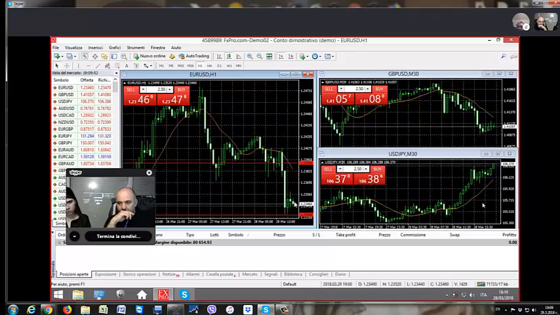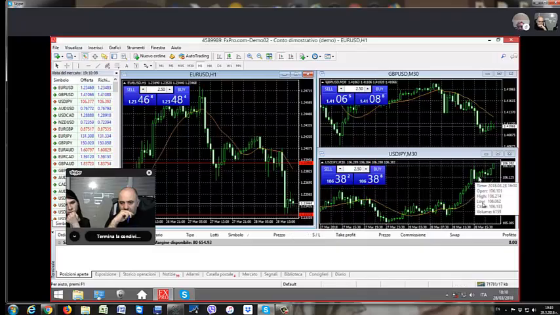We have euro dollar that moves down, sterling moves lateral, dollar yen moves up. And you are right if you say that what is moving euro dollar at the time is dollar yen.